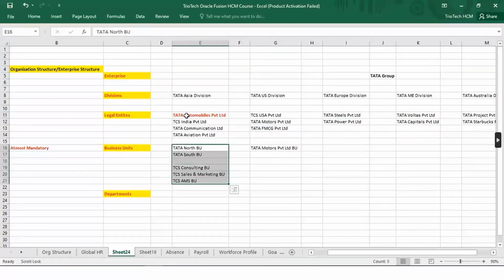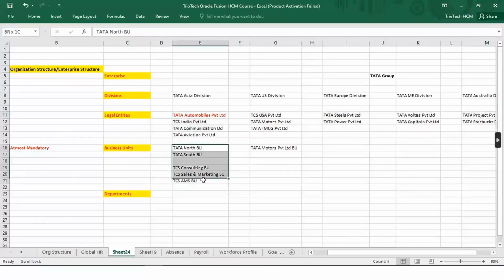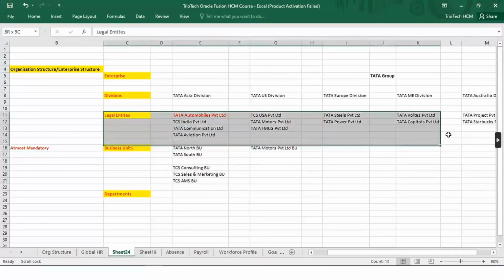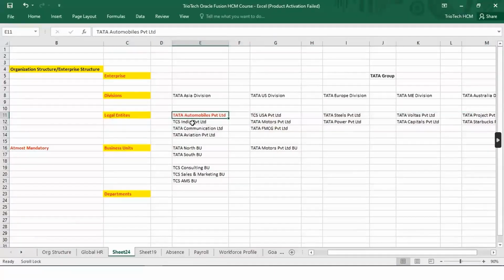Now, like that, team, under each of the legal entities across the countries, whatever our client has, we have to define their business units, whatever they are having in the organization. So usually in the current scenarios, whatever the company's operating, for their operational perspective, to make their operations easier to conduct, under the company, further the business will be classified into operational units that we will call as business units in the system.